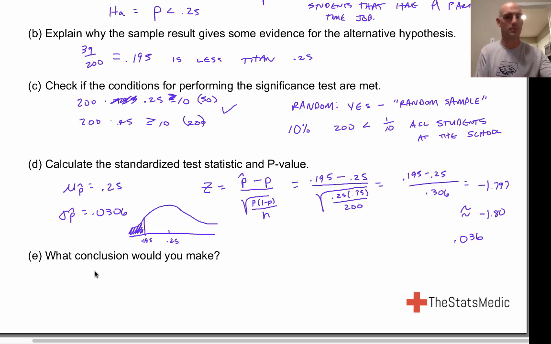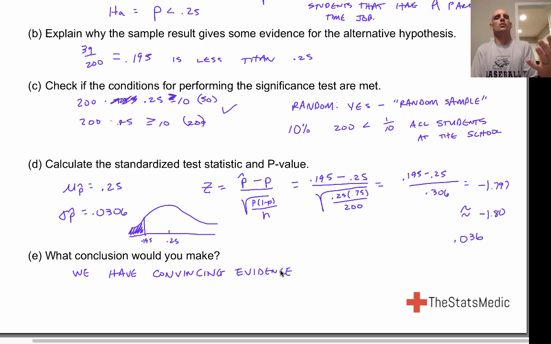So that would mean that we have convincing evidence. Of all the samples that could happen, we just happened to pick the one that was 3.6% likely? Not likely. So we have convincing evidence against the null.